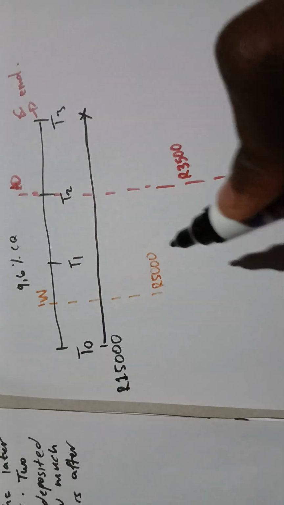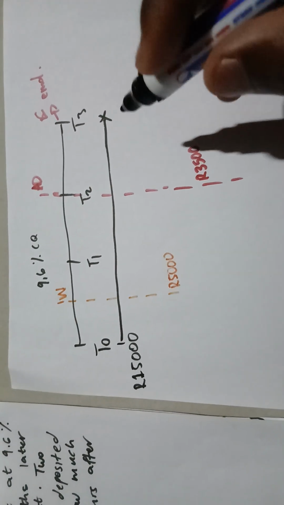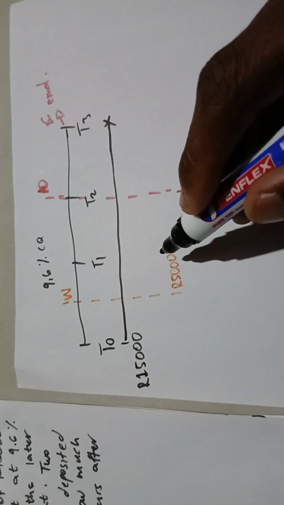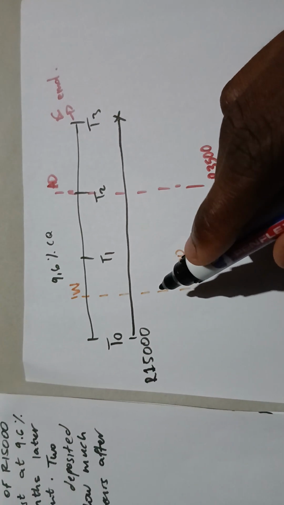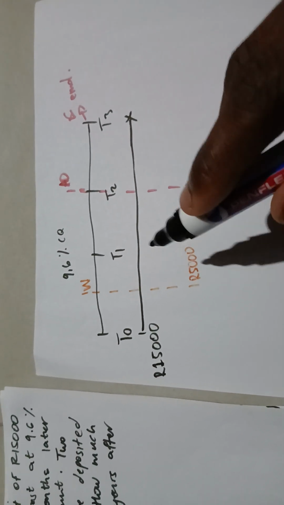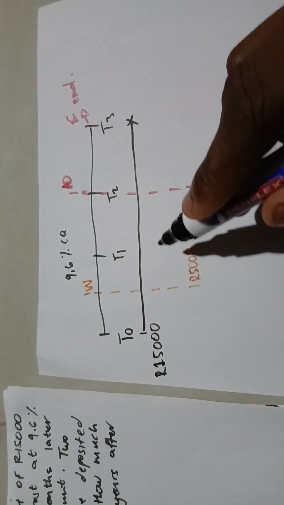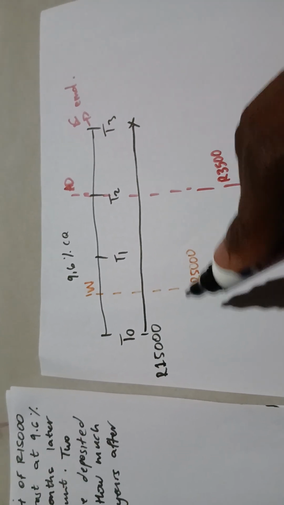The 15,000 will be in the account for the whole 3 years. But when it comes to this, remember, whatever we withdraw will affect the interest that we will get for the remaining time period on this 5,000.